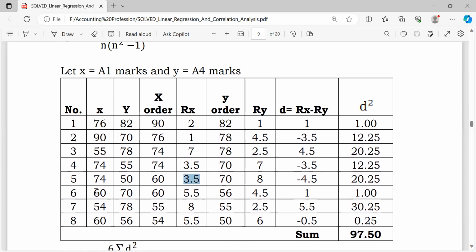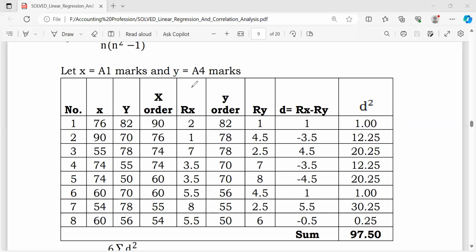Now you proceed. You have your 60 here, and you have two of them. As for 60, you do the same. On the ordering column, the first 60 is on number 5, and the second 60 is on number 6. So I would take 5 plus 6 divided by 2. 5 plus 6 equals 11. 11 divided by 2 equals 5.5.